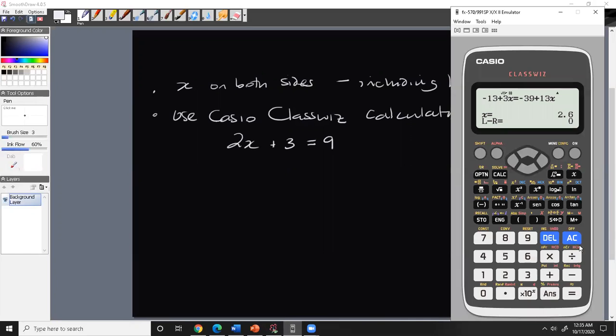So you would just put it into your calculator, 2x plus 3, alpha equals 9, shift solve equals x is equal to 3. So, you know, you can solve it for all manner of equations, but this is how you do linear equations.